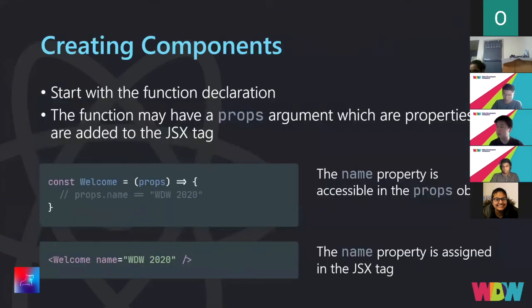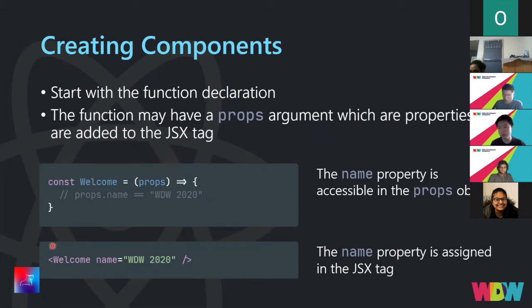When we create components, we start with the function declaration. Here we just define a function called Welcome, and you have to take note that every component function has the same name as the component. So if the function name is Welcome, then the component will be called Welcome.